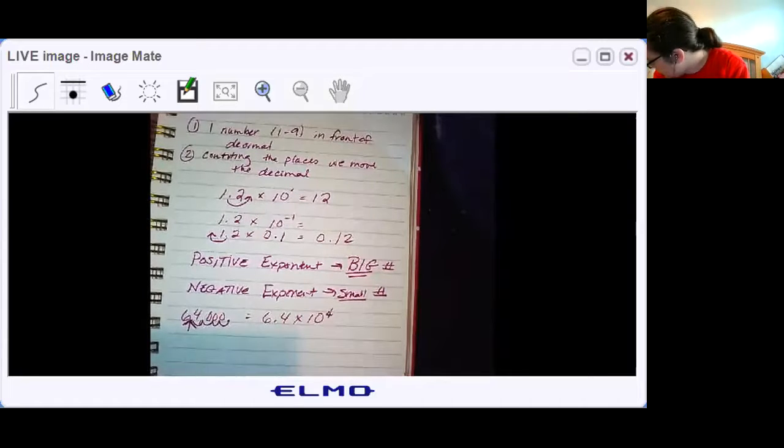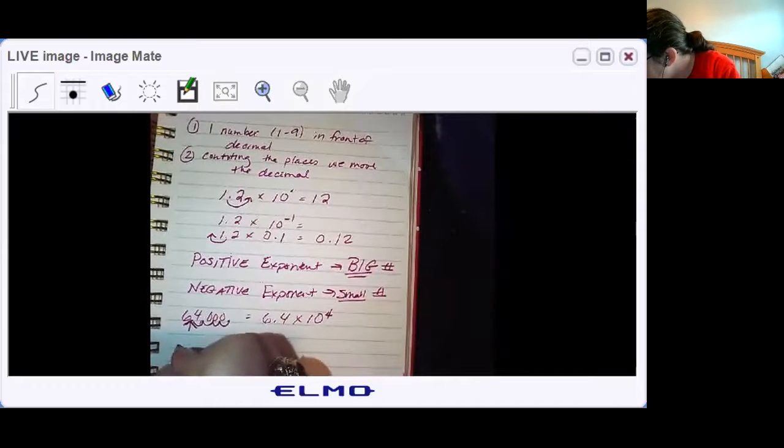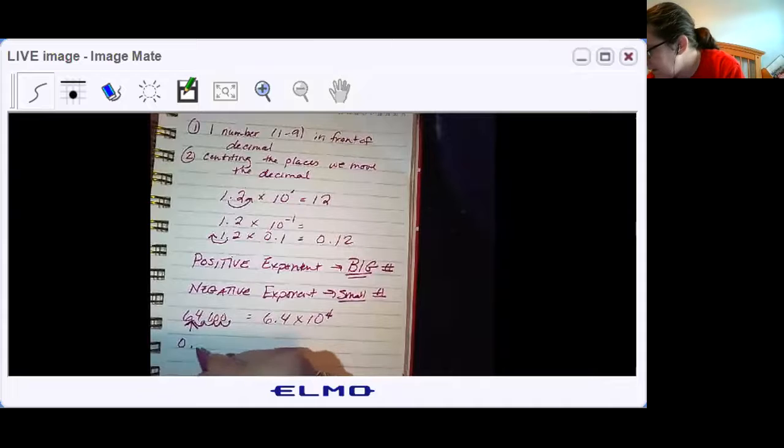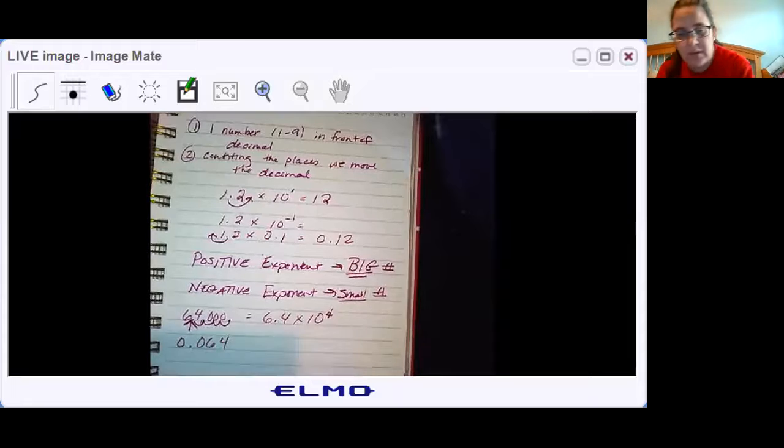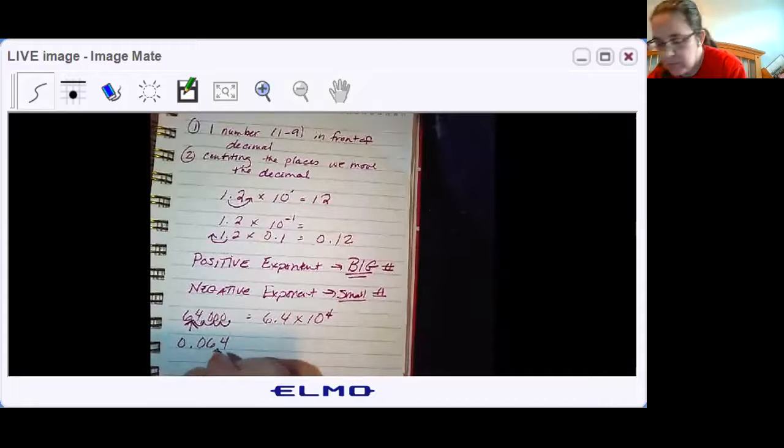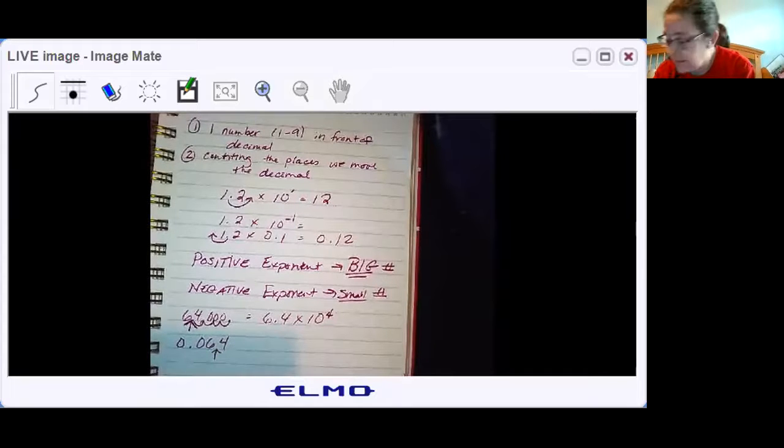Well, what if instead of 64,000, it said 64 thousandths? See, that's tens, hundreds, thousandths. Okay, 64 thousandths. That TH on the end is a big difference. Well, I still want my decimal between my 6 and my 4.